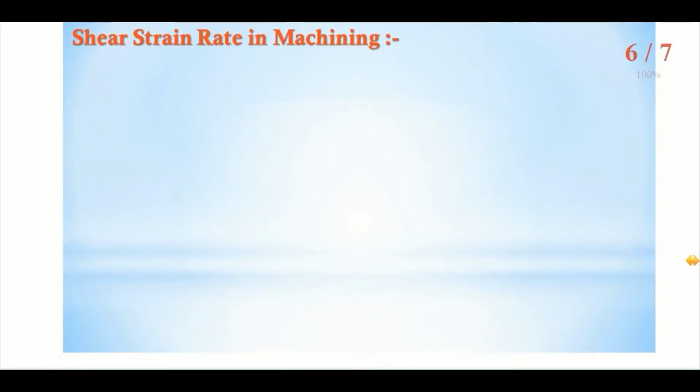Now, we have seen the shear strain. Now we will discuss shear strain rate. So this shear strain rate can be given as the shear strain which can be generated in the machining operation or cutting operation with respect to time.